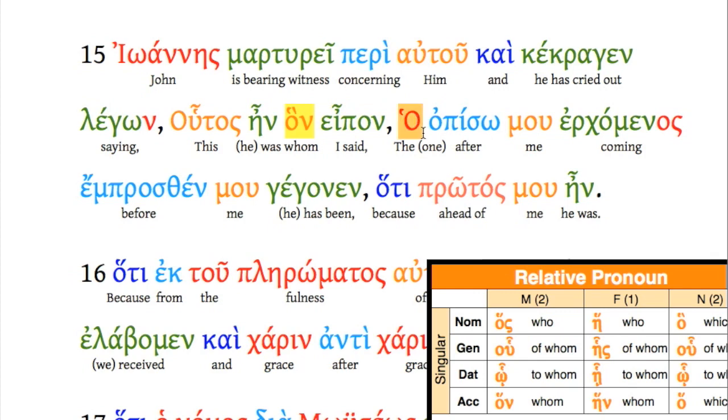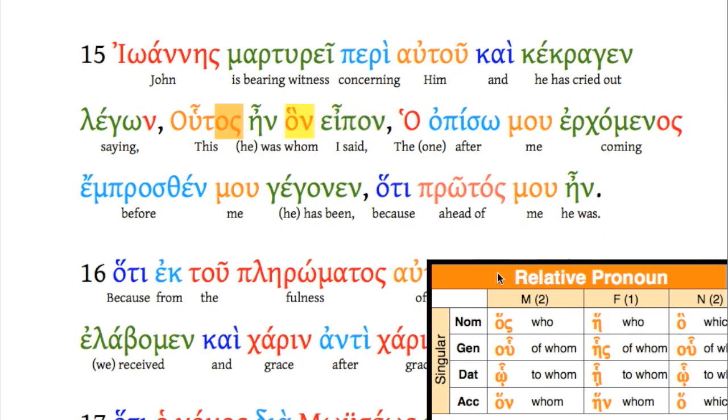And then he goes on to sort of a quote here: the one after me is before me because he was ahead of me. But let's not worry about that. Let's focus right here in this phrase. This is he. I said whom. Now I want you to notice here, hon eipon, this is our relative phrase. But notice that the number and gender match.